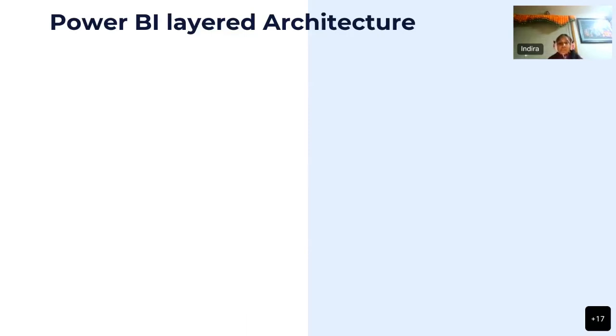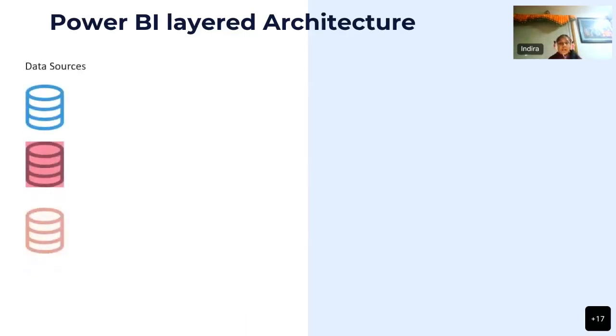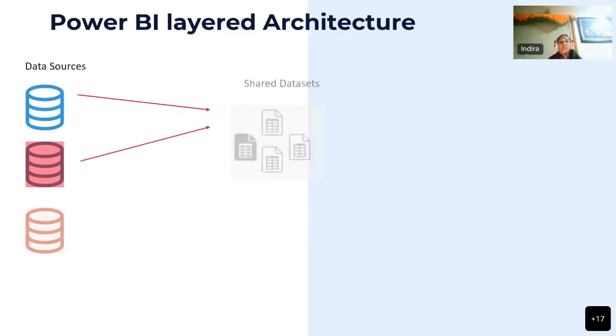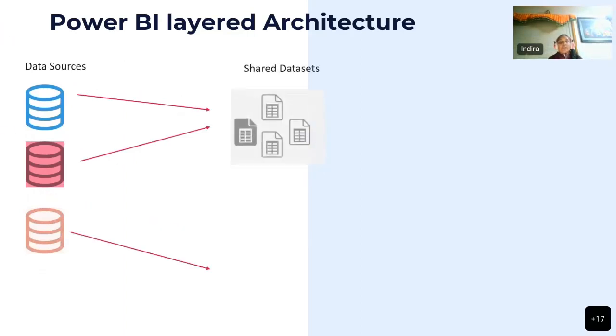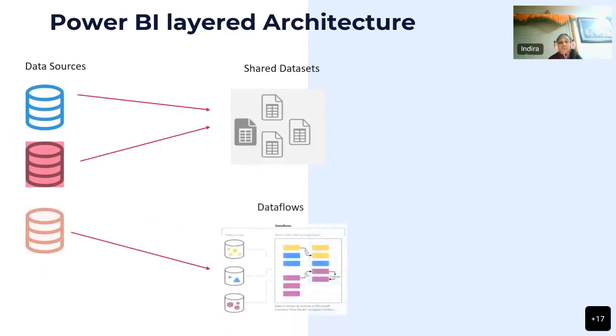So if we look at the layered architecture, how it works is you have the data sources, and from the data sources you create shared data sets, and from some other sources or the same sources you can create data flows.